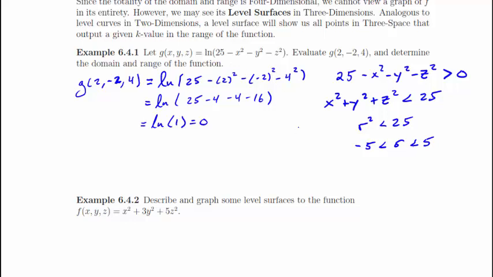If I were to draw this domain, we have to recognize that we are in 3 dimensions. And so we would get really a sphere.